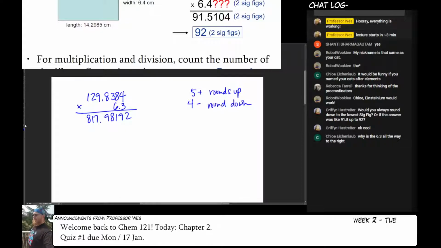And so now let's consider sig figs. How many sig figs does this top number have? I'll actually ask you to type that in the chat. How many sig figs does each number have, the top number and the bottom number I multiplied by?